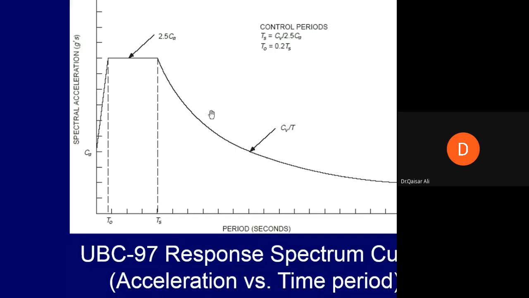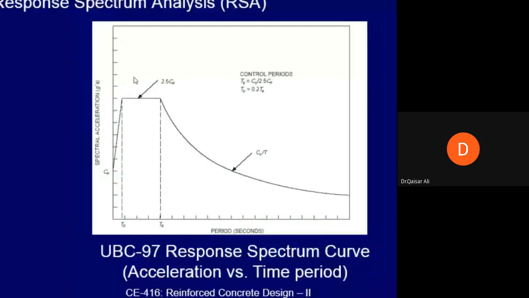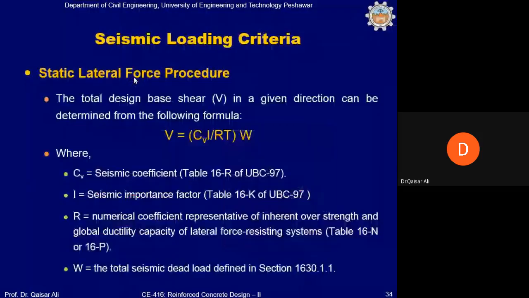So whenever you use this base shear equation with the subscript CV on this branch of the curve, the value from this graph shall not be more than this value. So for this reason, the basic equation contains the coefficient CV, and the maximum base shear equation contains the coefficient CA.